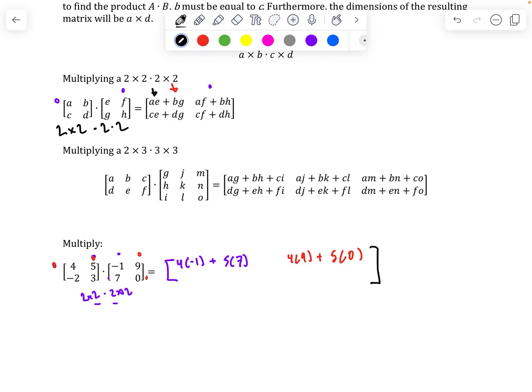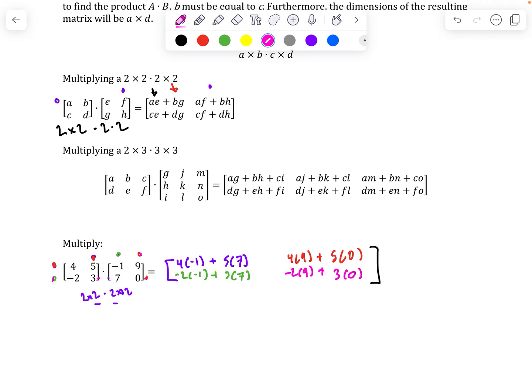Now we go to the second row, negative 2 times, go to the first column, negative 1 plus 3 times 7. We'll go to the last value. Again, negative 2 times 9 plus 3 times 0.